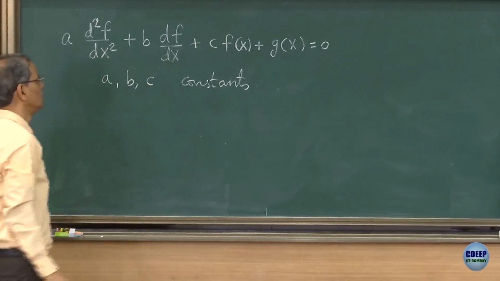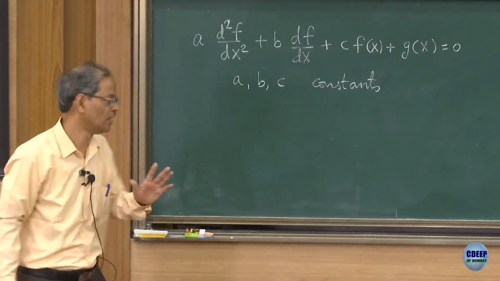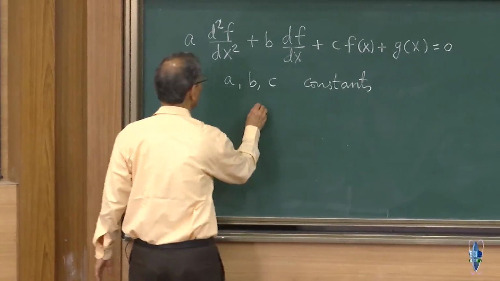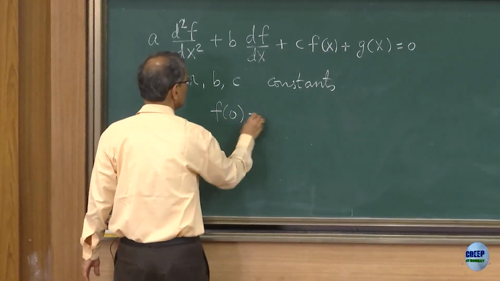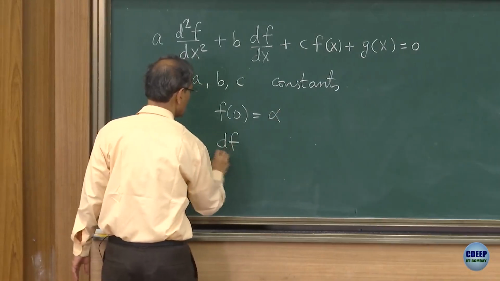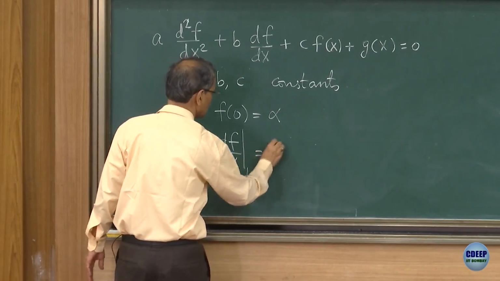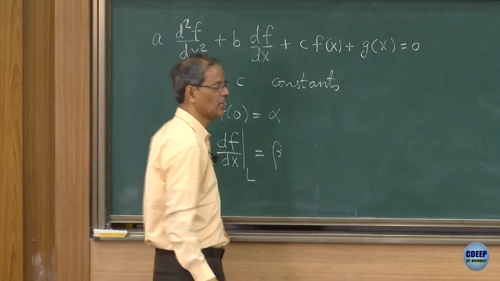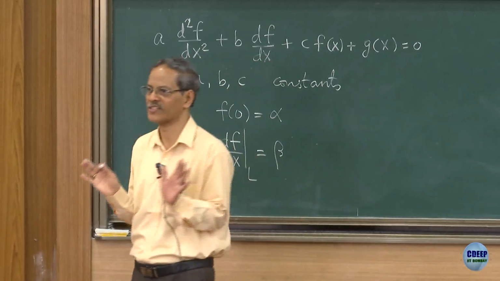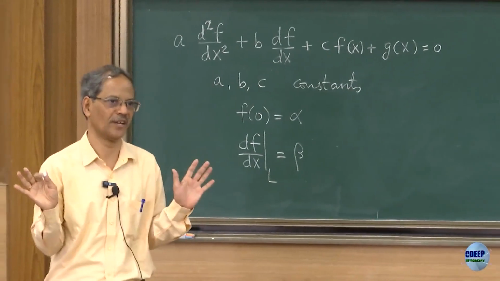Now, being a second order ODE, it would have two boundary conditions. I am generally assuming that to be f of 0 is equal to alpha, and df by dx at x is equal to L is equal to beta. These are our two boundary conditions, let us say. So this is how the problem is given to us.